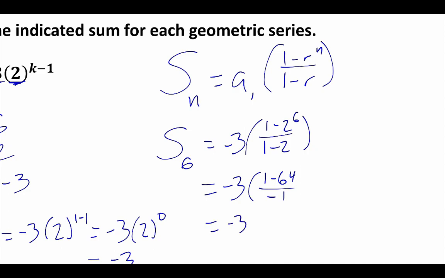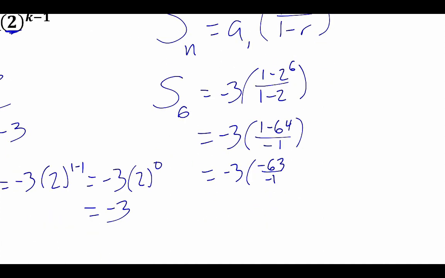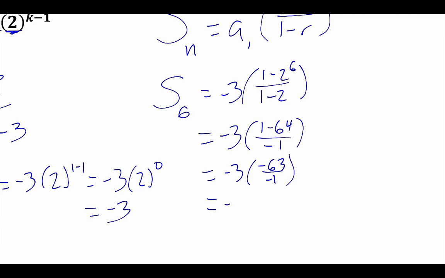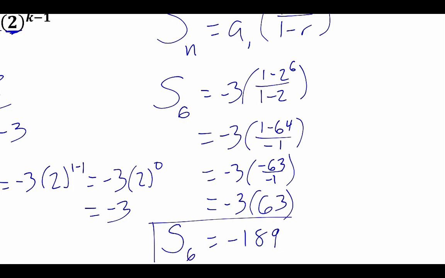That's negative 3 times negative 63 divided by negative 1. Negative 63 divided by negative 1 is positive 63, and 63 times negative 3 gives us negative 189. So the sum of the first 6 terms of this series is negative 189.